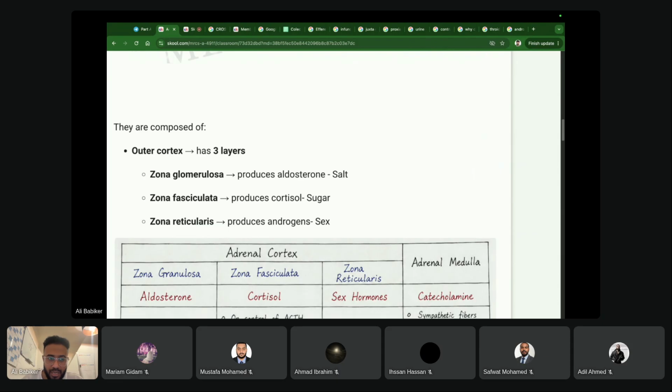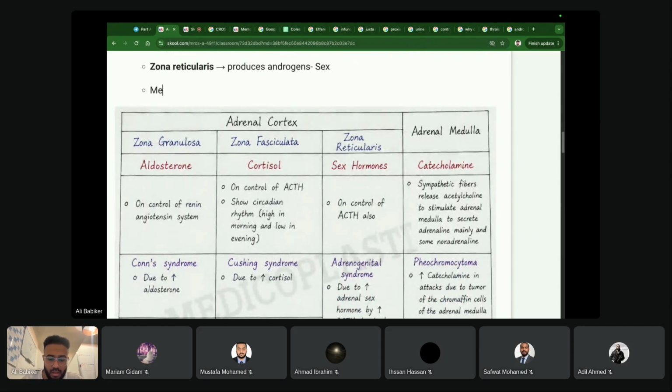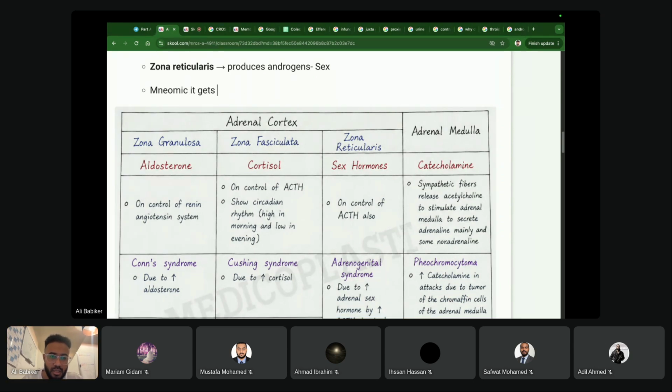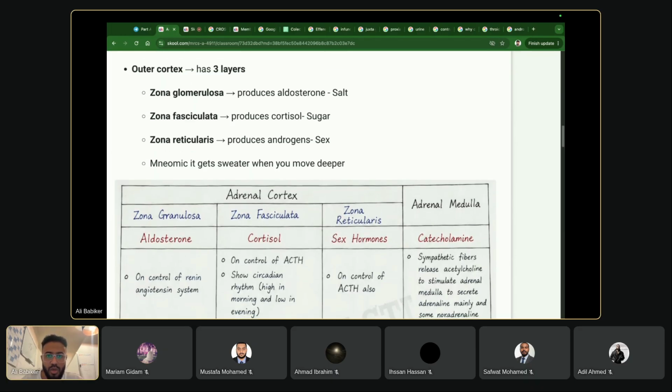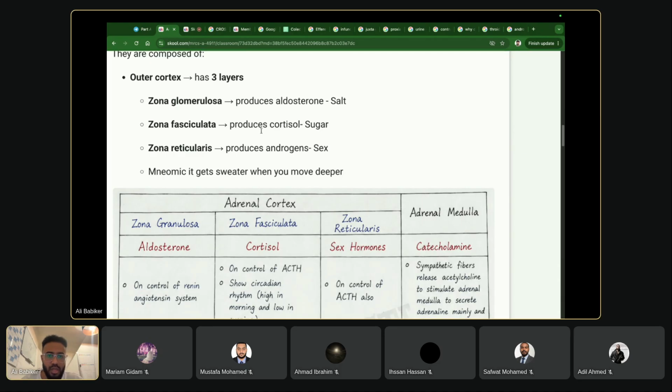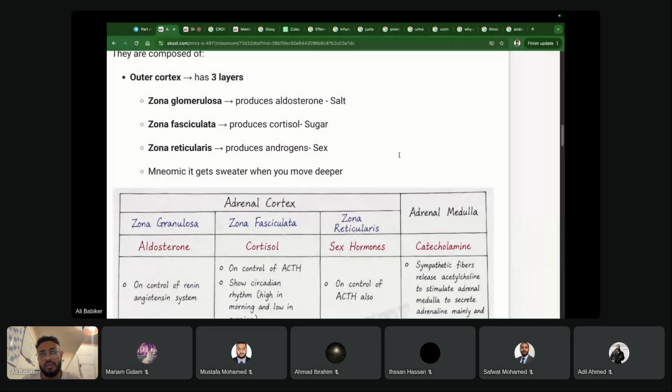So the mnemonic: it gets sweeter when you move deeper. When you go from the superficial, you go from salt to sugar to the last one, sex.